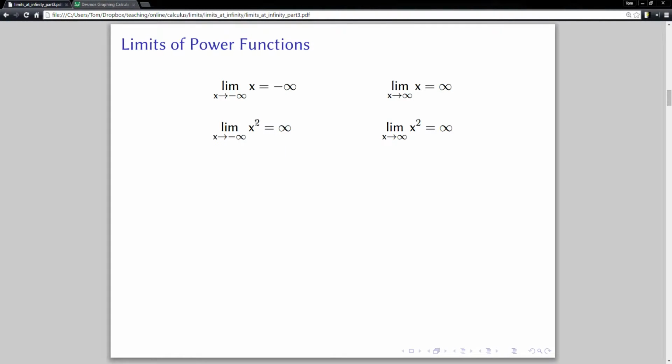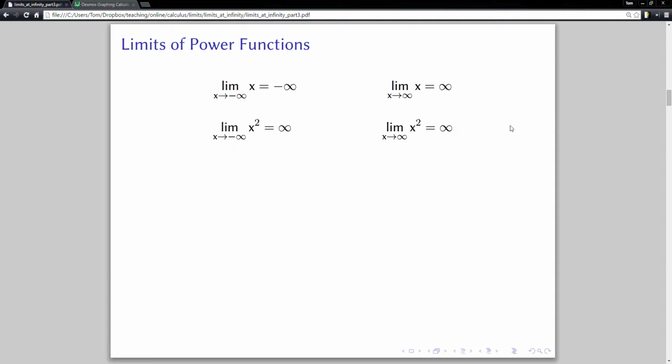And if the power is even, then any number, especially a negative number, raised to an even power will also be positive. So all of the y values on the left side for an even power will be positive. So there's no choice but for the even power functions to go off to infinity.